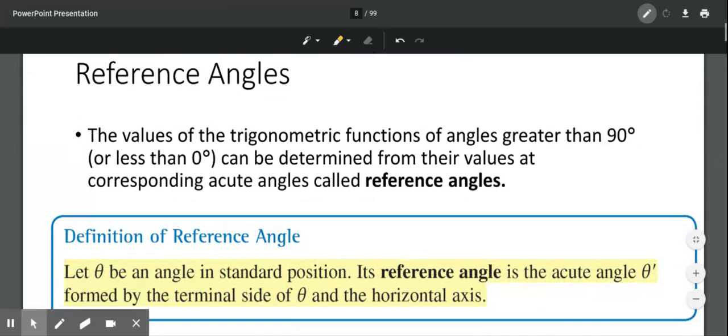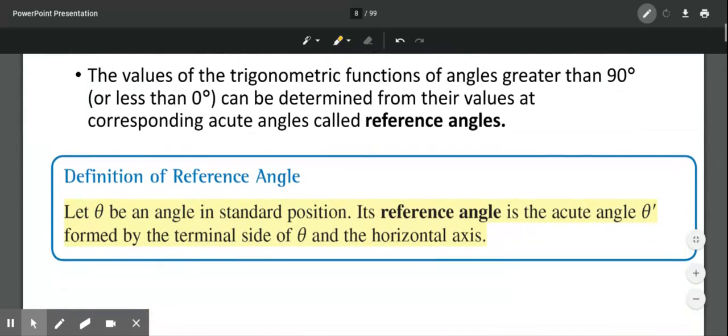All right, reference angles are actually kind of helpful because they can help you in determining values. It's just an angle in standard position. So if you have some angle in standard position, its reference angle is the acute angle theta prime. So there's supposed to be that little apostrophe there. It's just your theta prime formed by the terminal side of theta and the horizontal axis.